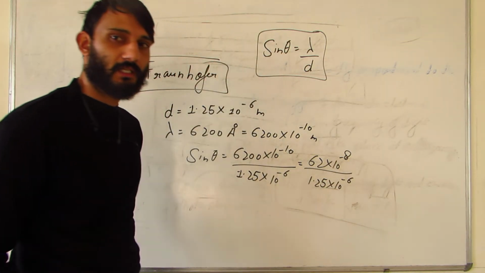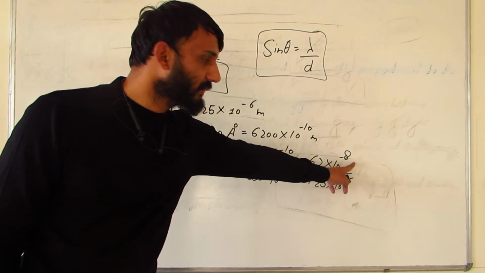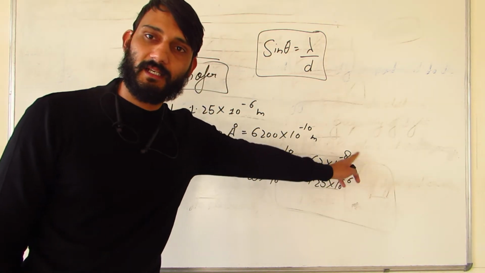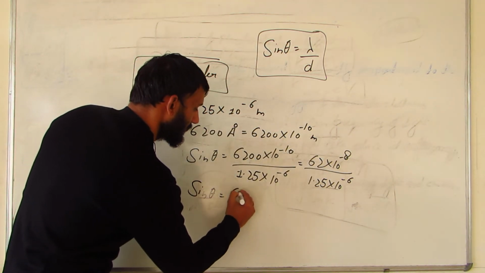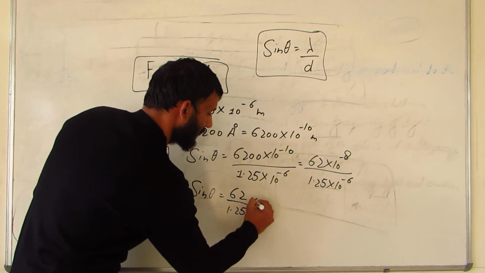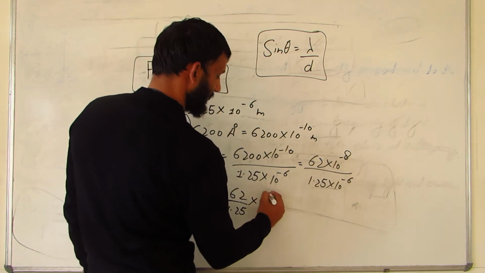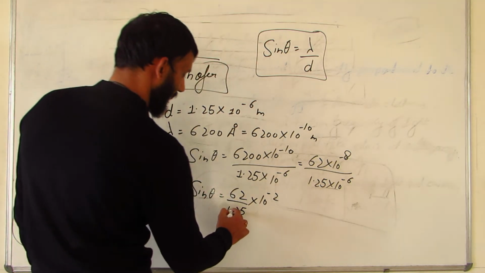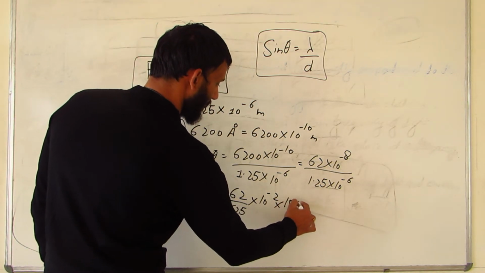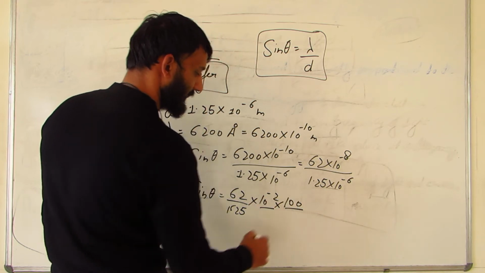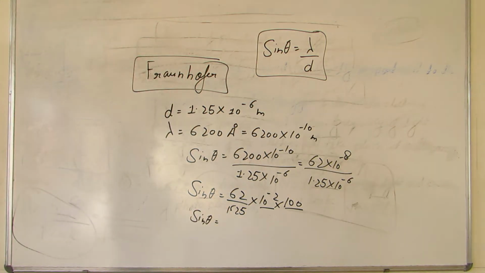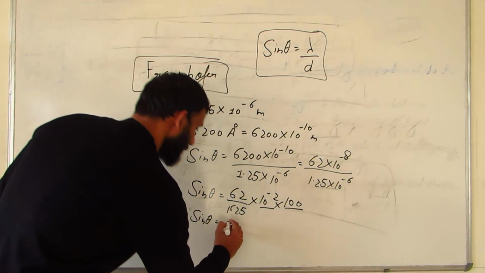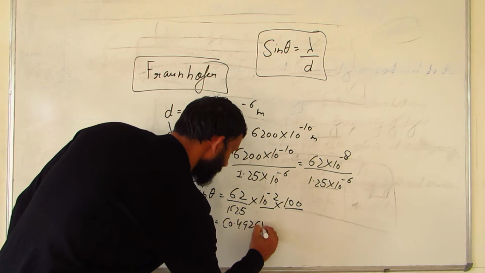If it goes up, the sign will change, and the powers will be added: minus 8 plus 6 becomes minus 2, right? If you remove the decimal point, it will become 100. This and this cancel out, and we are left with sin theta equals 62 upon 125. If I solve it, it will be 0.4926.